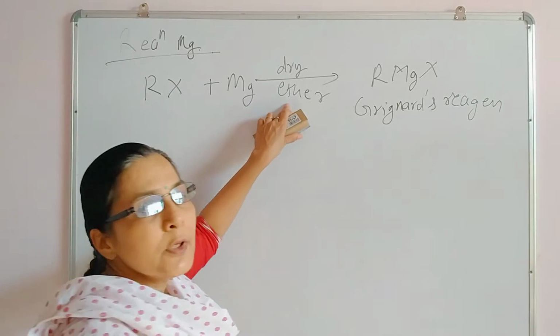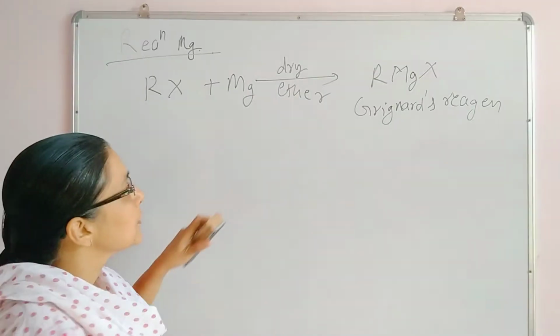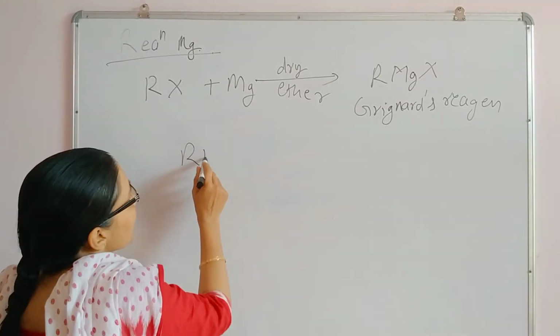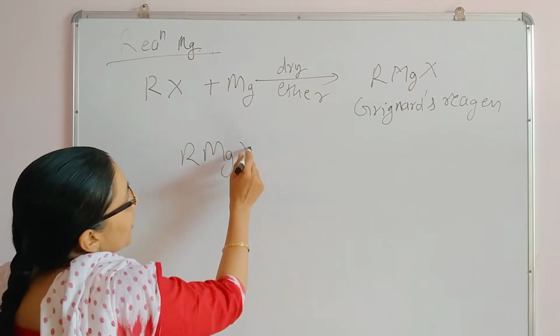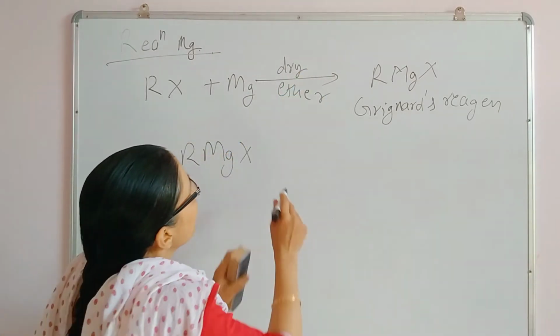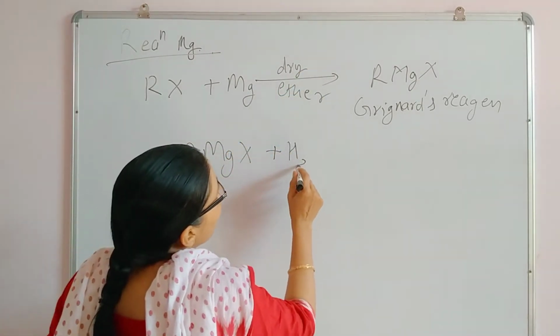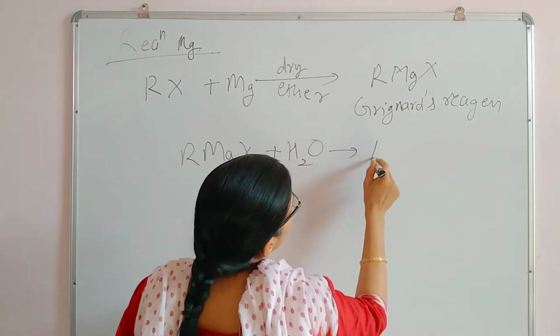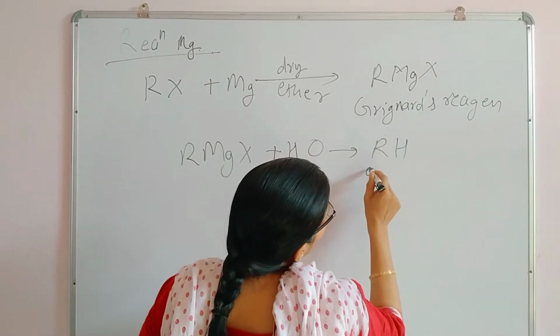The purpose of taking dry ether is that if this RMgX is taken in aqueous form, with water, then the water in the reaction vessel reacts and alkane will form.